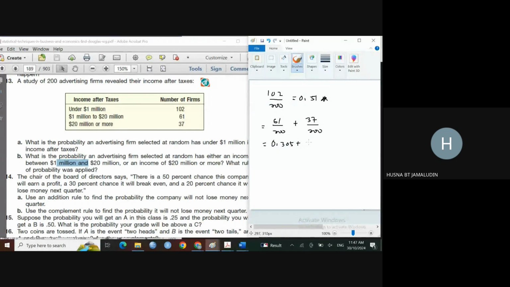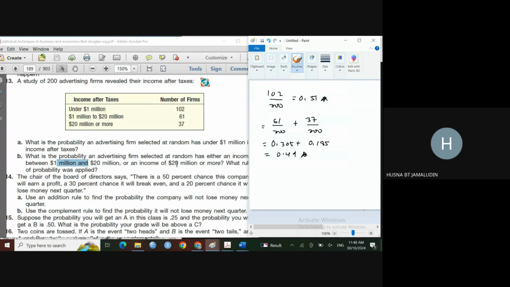The second one gives you 0.185. If you sum these two, remember the formula is probability of A plus B, you will get 0.49. So far, so good?